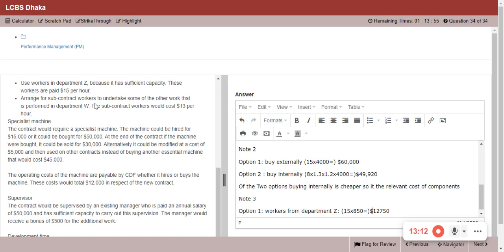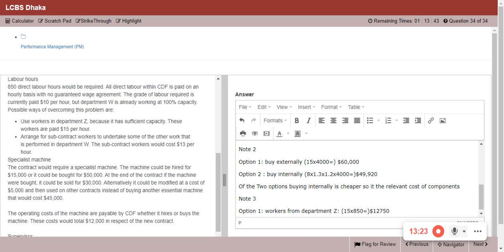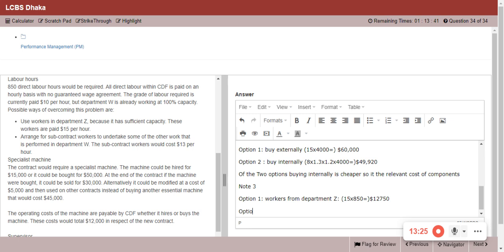The other option is to arrange for subcontract workers to undertake some of the other work that is performed in Department W. The subcontract workers would cost $13 per hour. So option 2 is that I can make the people in W work on this contract and subcontract the work of W to somebody else.